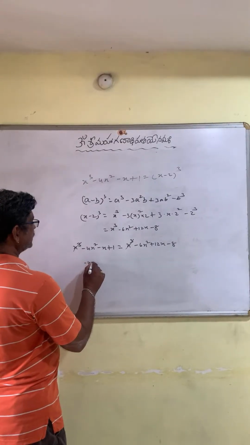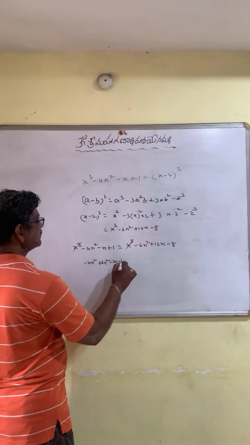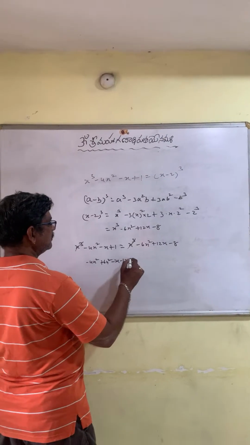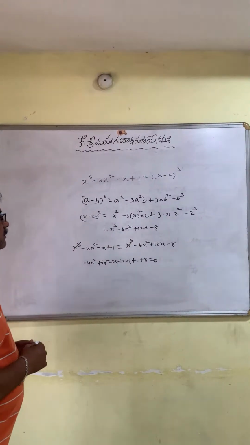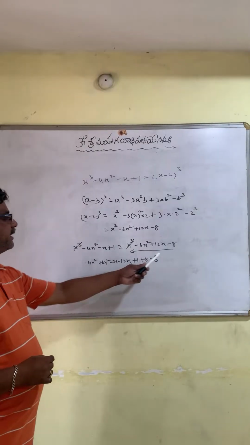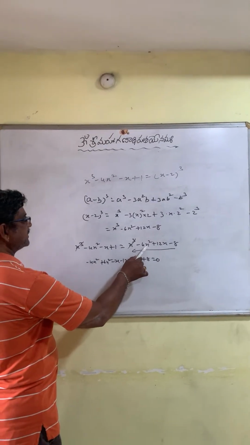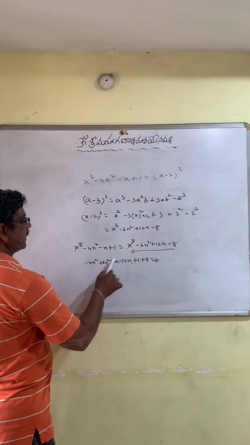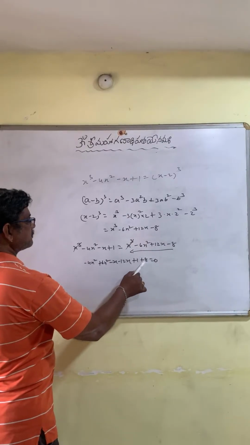So minus 4x square plus 6x square minus x minus 12x plus 1 plus 8 is equal to 0. Means bringing all these terms to this side. Minus 6x square becomes plus 6x square. Plus 12x becomes minus 12x. Minus 8 becomes plus 8.